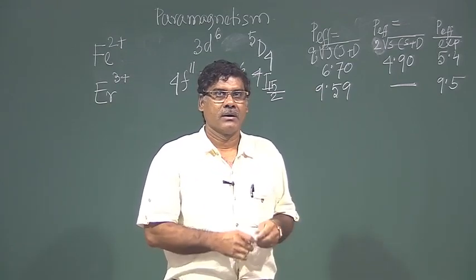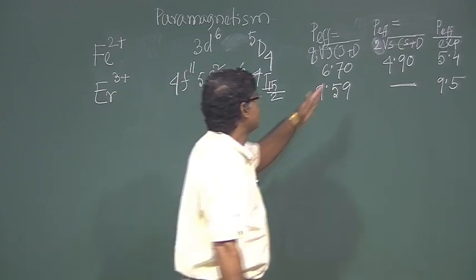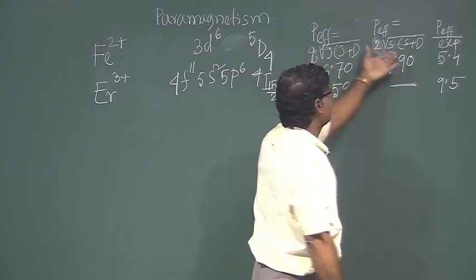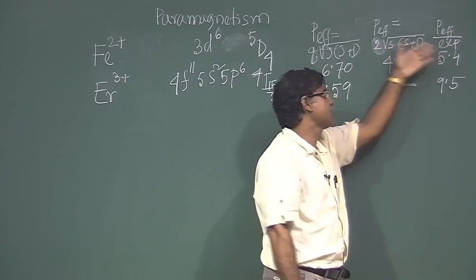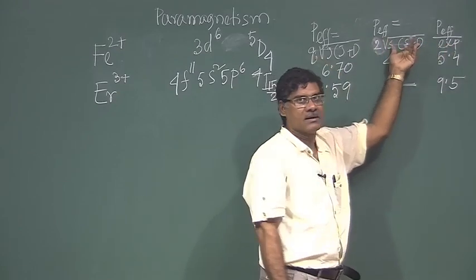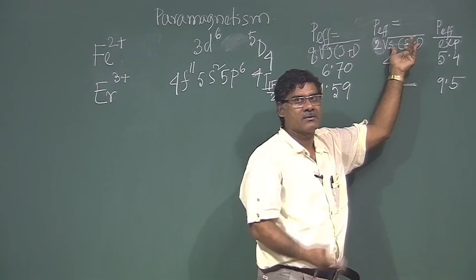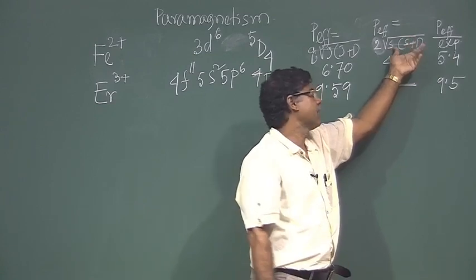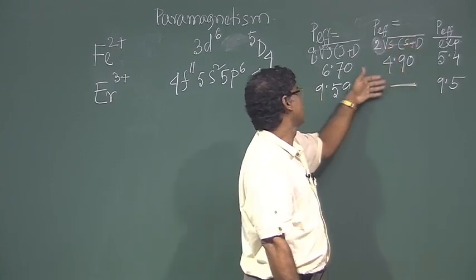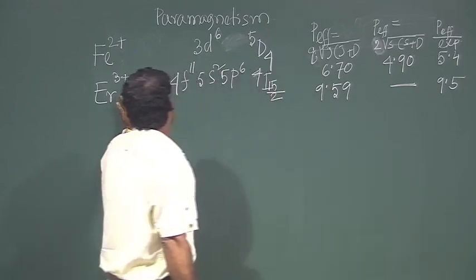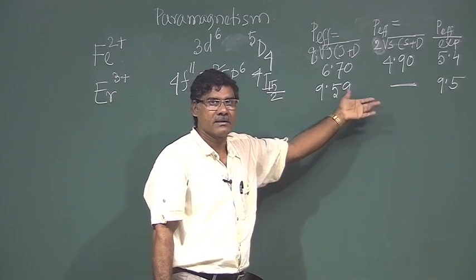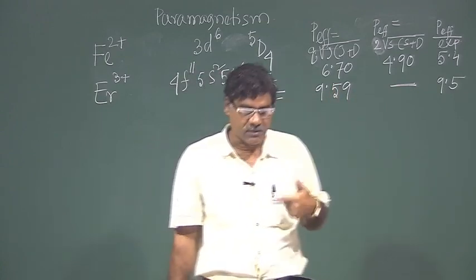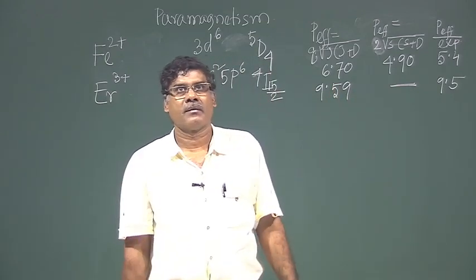Basically, in the iron group case, L is not contributing, only S is contributing. In this case J equals S, L equals 0, L is not contributing. But in the rare earth case, L is contributing, orbital motion is contributing to the magnetic moment.